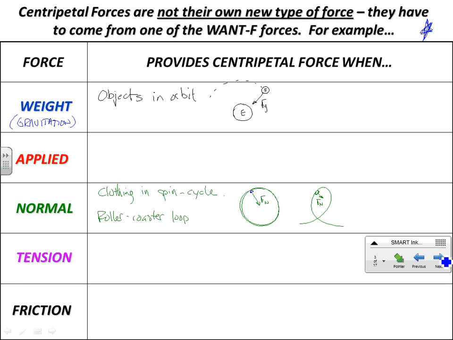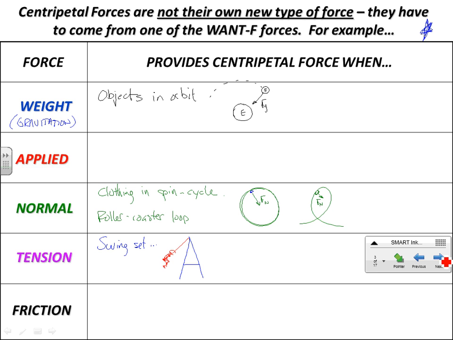Tension. How about a swing set? Here's a side view of a swing set. You've got a little brace there, and here's a person on the swing, legs and feet, and hands and head.